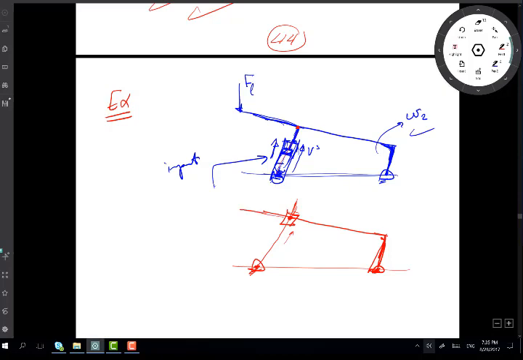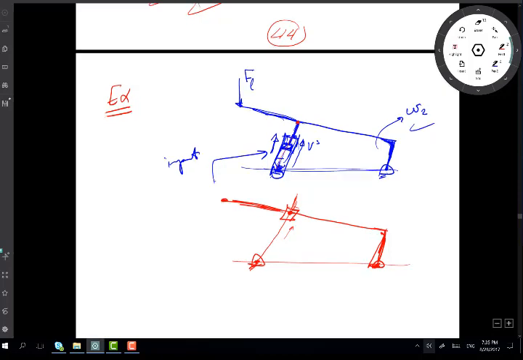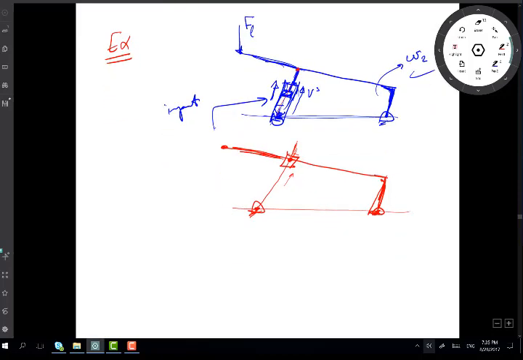And I have my point where the load is applied here. If this distance is h, and this other distance is b, the slider is fixed at a constant distance over here, and this point here is also fixed at a constant distance from the other end.